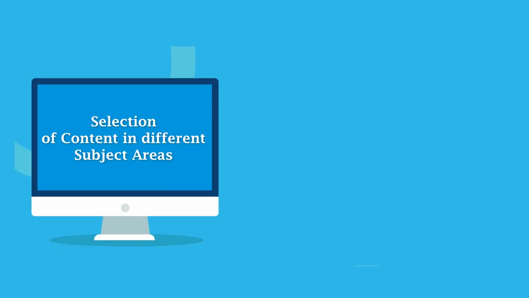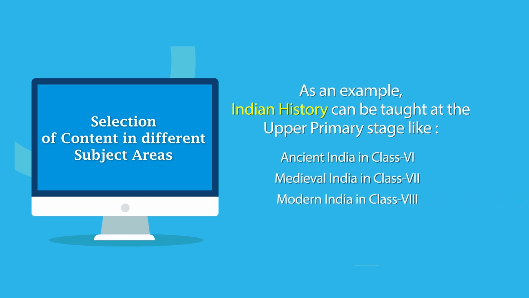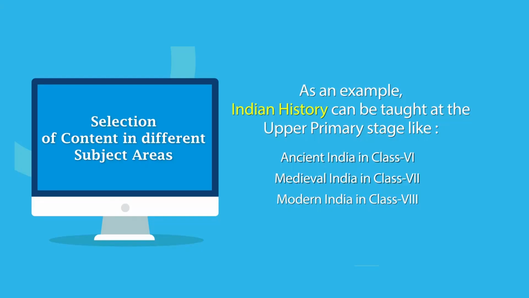So that's why in class 6th they can study about the ancient history, in class 7 they can study about the medieval India history, and in class 8 they can study about the modern India history. So that in the elementary stage they will get a little knowledge. That's the minor detail of these three periods of history, that is ancient period, medieval period and modern period.